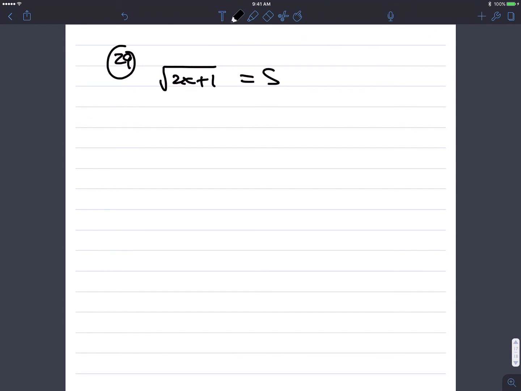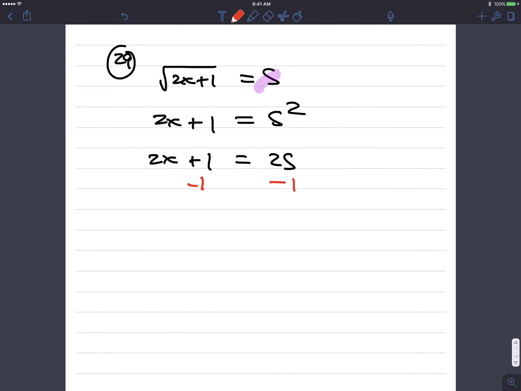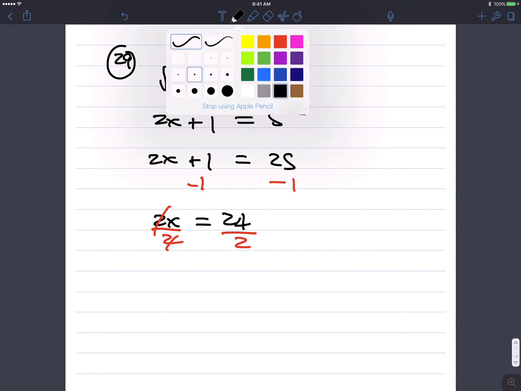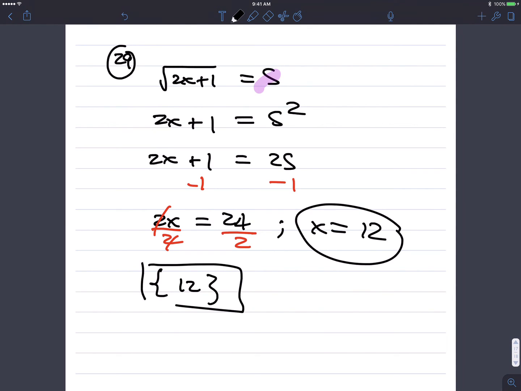So the square root of 2x plus 1 is 5. Again, a non-negative answer. 2x plus 1 is 5 squared. 2x plus 1 is 25. Subtract 1. You get 2x will be 24. Divide both sides by 2. Excuse me. X is 12. This is our solution set.